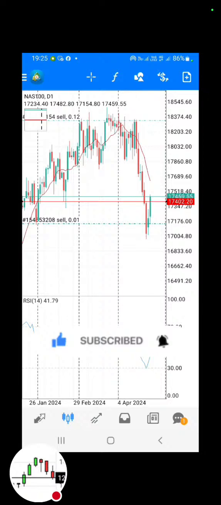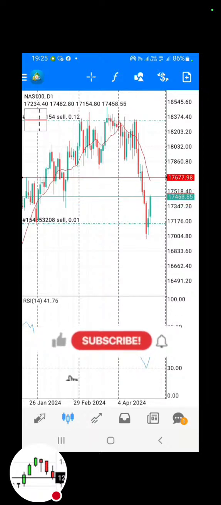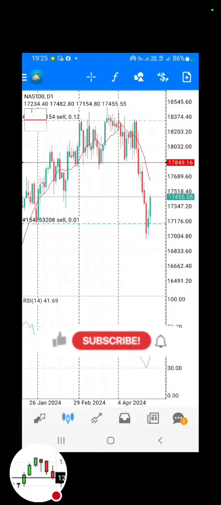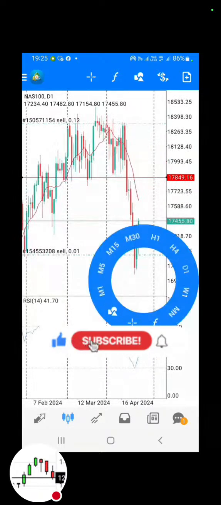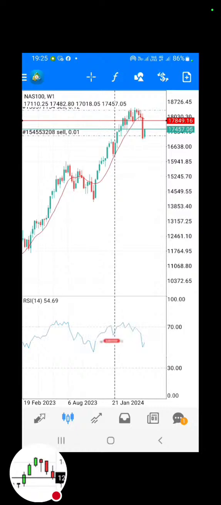After a pullback, the market will go up. I believe that the market will try to touch the moving average. After touching the moving average, we could see another sell off, or the market will continue going up for a long period of time. Something like that is very possible, but I think we are still bullish and we will continue to be bullish. Nothing is going to change for the Nasdaq market.